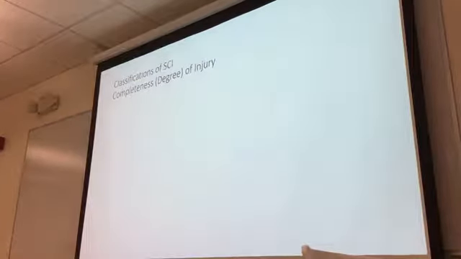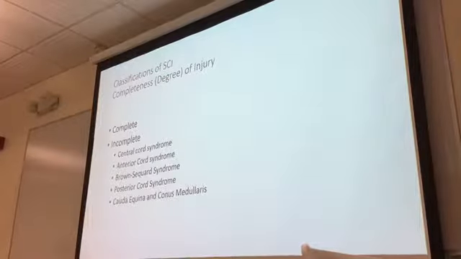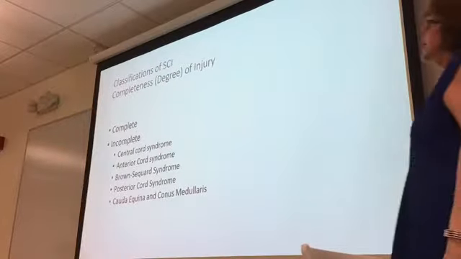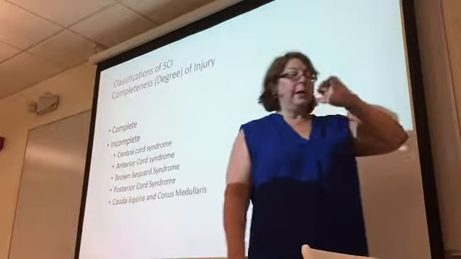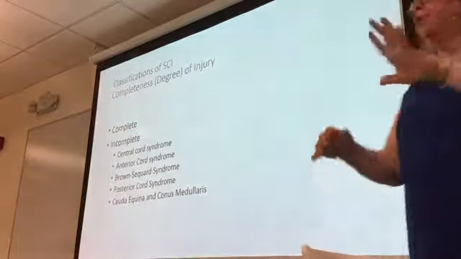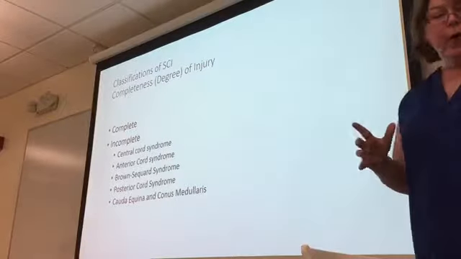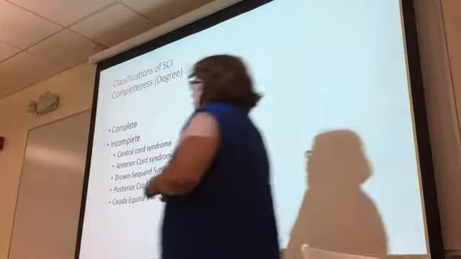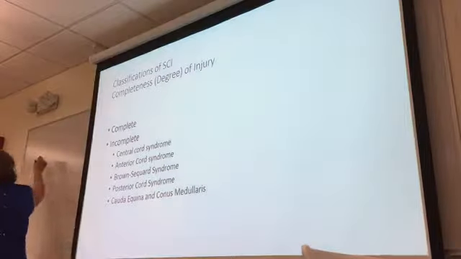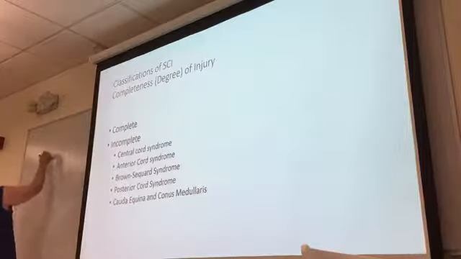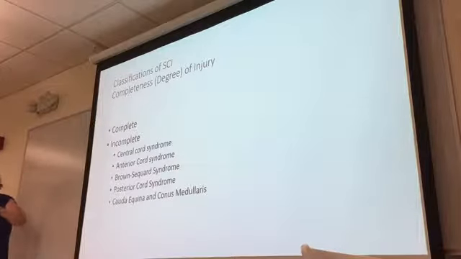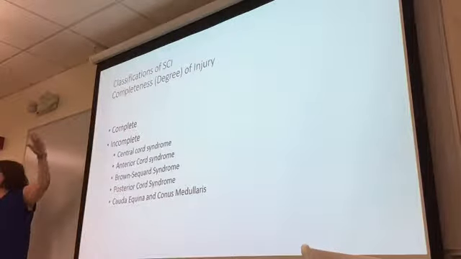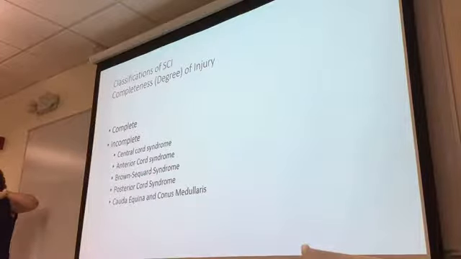All right, so degree of injury. With the spinal cord, it's not so straightforward because you have the whole cross-section of your spinal cord. So if there's injury across the whole thing, it's probably going to be a complete injury, meaning I've lost all motor and sensory below that level of injury.